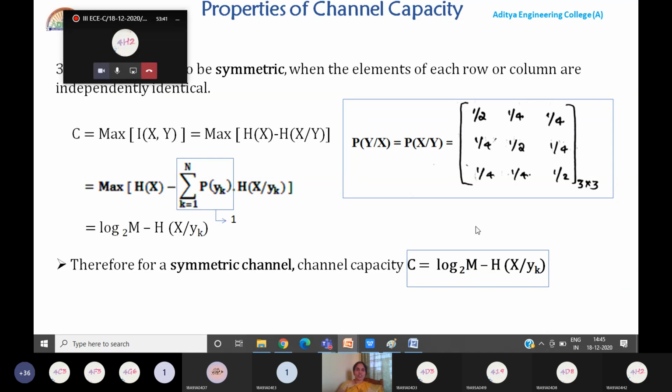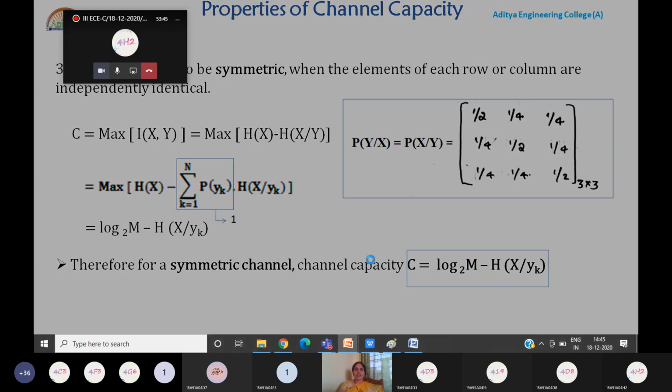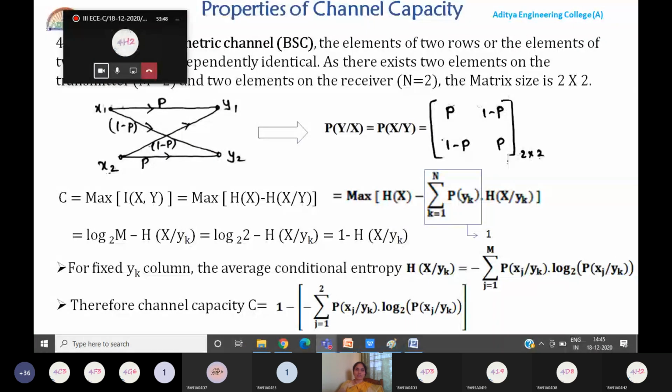Okay, so this is all about the third property of channel capacity. Let us move to the fourth property.